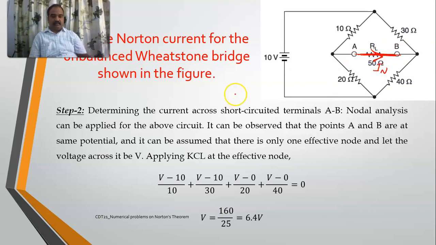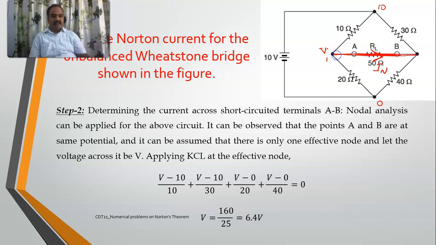Now, if you carefully see, I can apply nodal analysis. First, let us determine the effective nodes. This is 0. So by default, this will become 10 volts. This I don't know, so I'll take it as V1. And here, this is already 10 and there is one more node. But if you carefully see, this is completely short circuited.